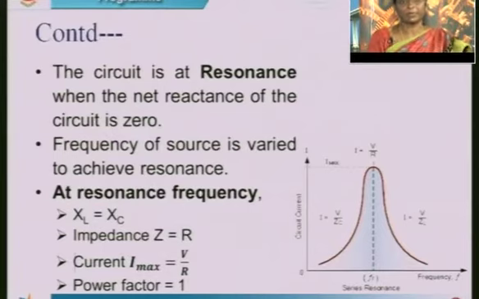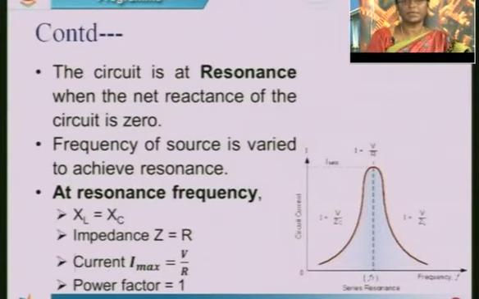This is the response curve, which indicates the variation of the frequency versus the circuit current. We can see the frequency response starts at almost 0 frequency, where the current will be minimum, and it increases to a peak at resonance where the resistance is minimum.